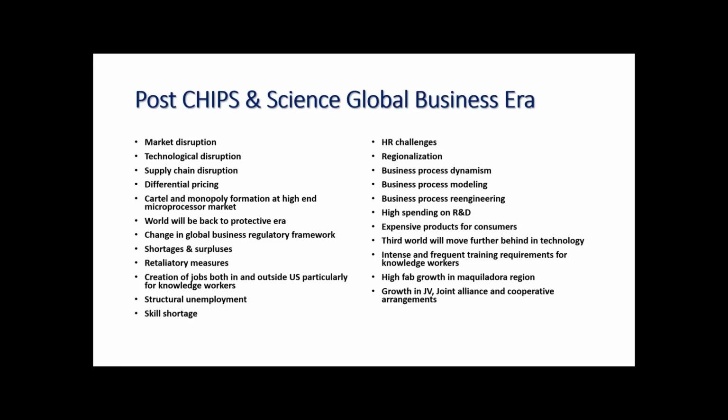And there is also a possibility of market imperfection. And when there is market imperfection, then cartel and monopoly-like behavior will be observed. The world will be back in a protective era, and that is a shock to the rest of the world. Why?